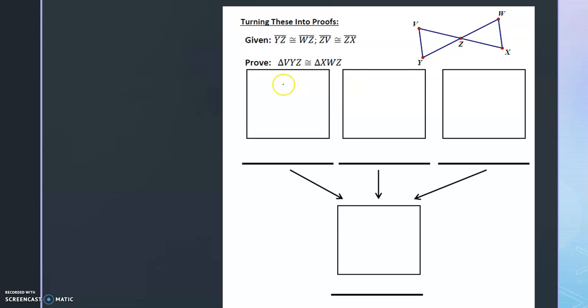These 3 boxes are the 1, 2, 3 things that you need to be able to say that my triangles are congruent by, for example, side, side, side. If I was using side, side, side, I would need a set of sides up here, a set of sides and a set of sides, and that's how I get side, side, side. So that flows into what we have been doing.